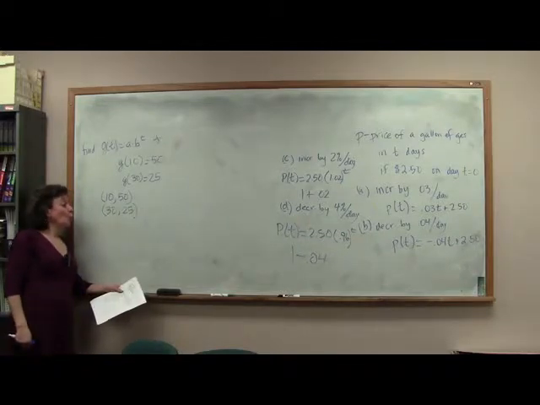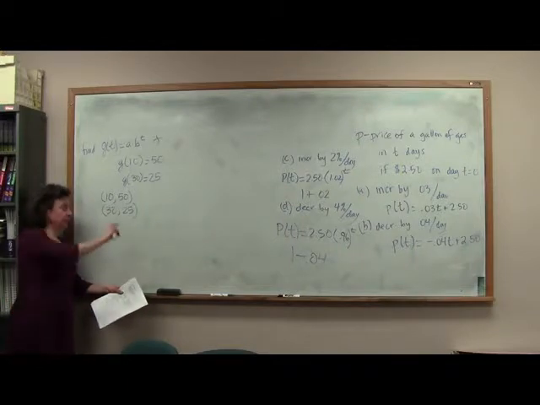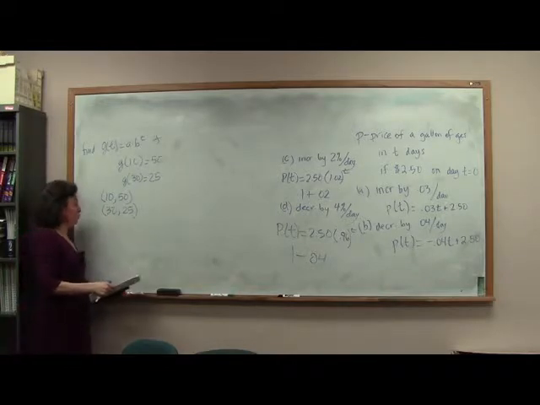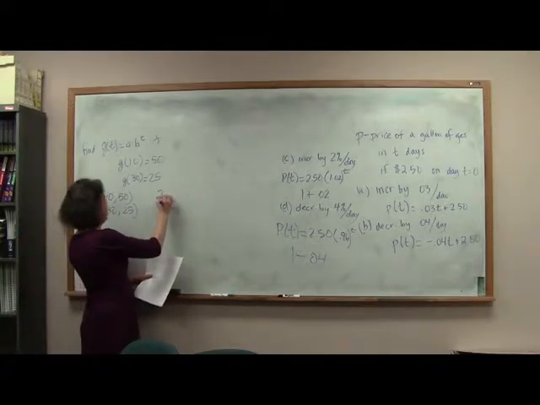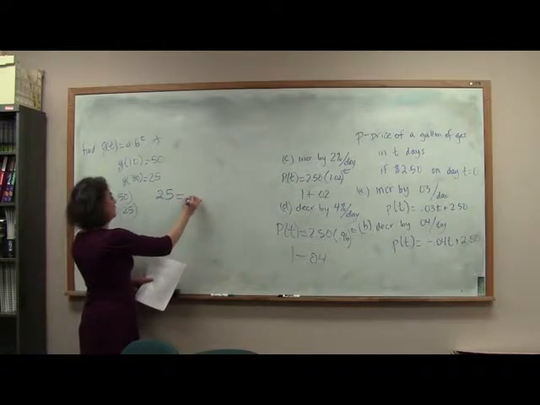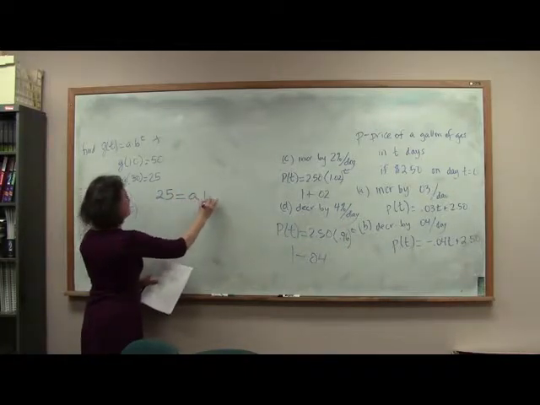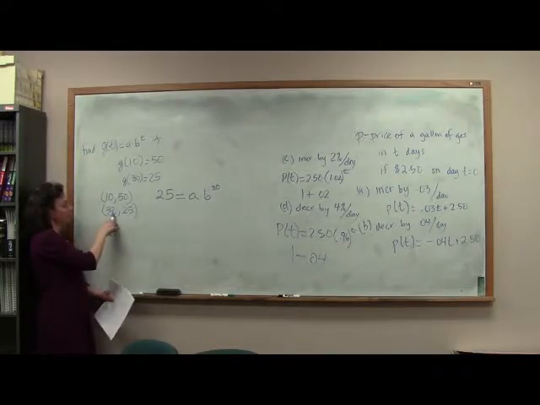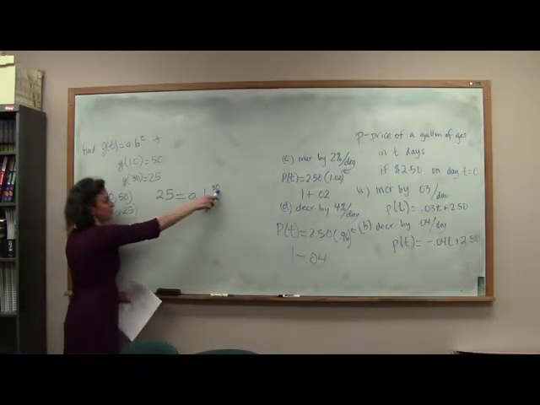Okay, what I would do is look at the ratios of each of these ordered pairs plugged into our function. In other words, will you grant me that I can say that, say, 25 is equal to a times b to the 30th power? Okay, right? This is my independent variable.